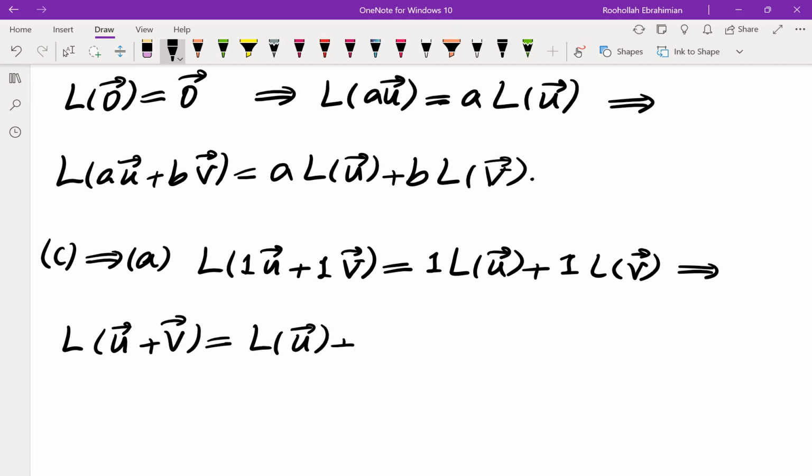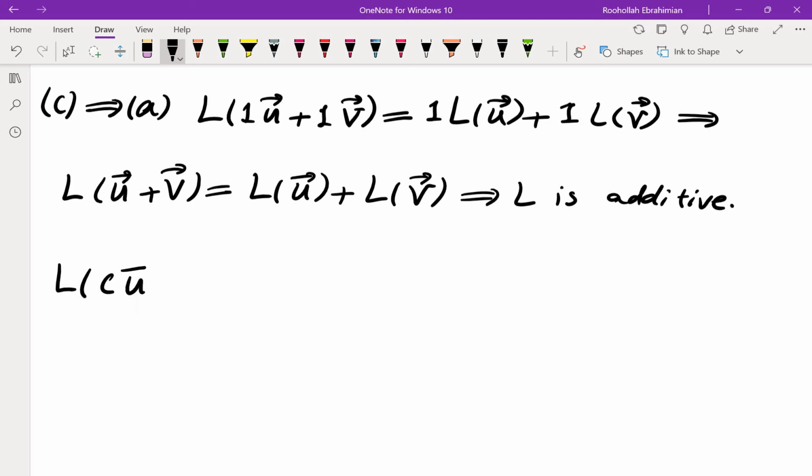Now we'll have to take L of CU, and I'll have to show that this is C L of U. So I'm going to write it down this way.